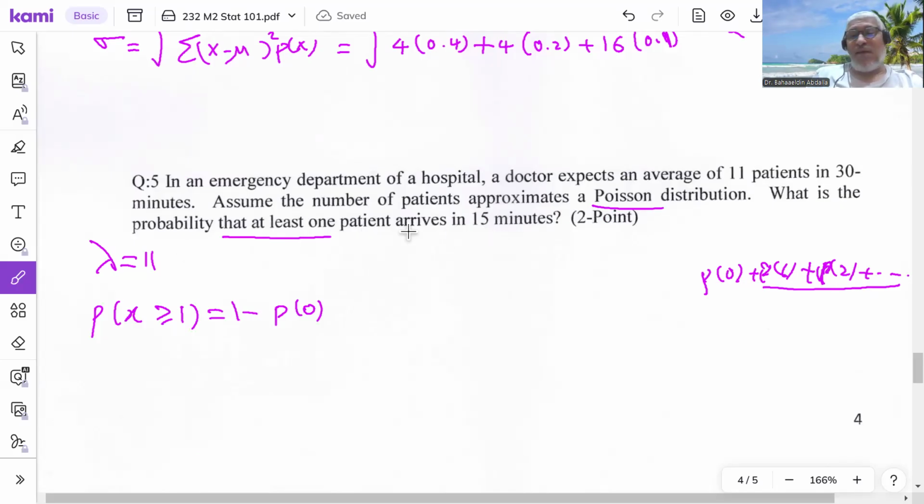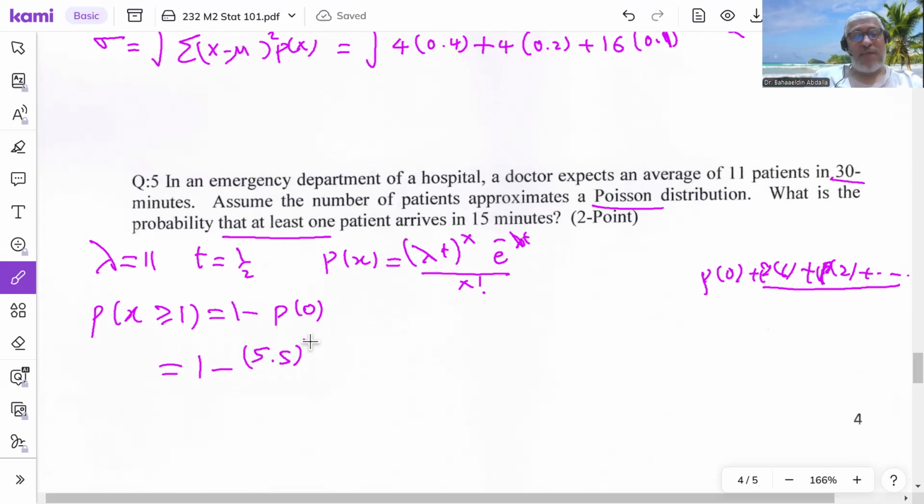15 minutes, 30 minutes is my segment. 15 minutes is half of the segment, so t is half. And remember, probability of x is (lambda t) to the power x times e to the power negative lambda t, over x factorial. So it would be 1 minus probability of 0, so x is 0. Lambda t to the power 0. Okay, 11 times half is 5.5.